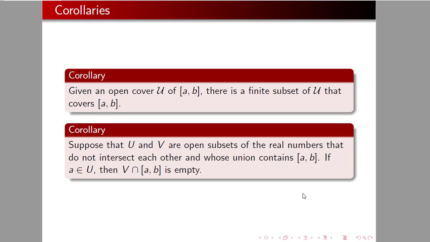You take the partition, it only has a finite number of elements, and then you can show that U contains the whole interval just by piecing together the subintervals. The proof is very visually intuitive.